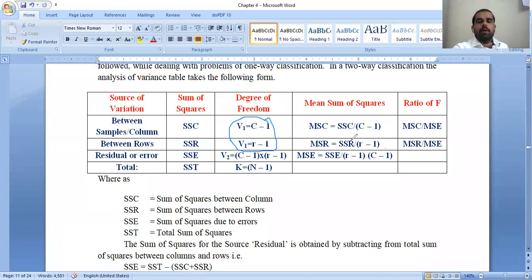This is common, and the same procedure we followed in one-way classification applies to mean sum of squares. The next is the ratio of F, MSC and MSR divided by MSE. Again I am repeating, this denominator is common in both cases.